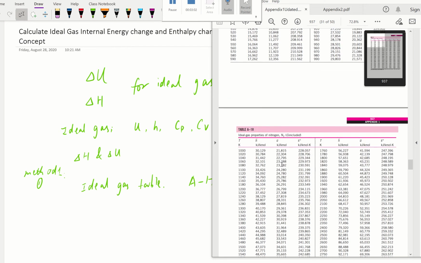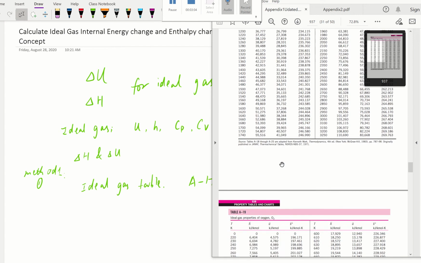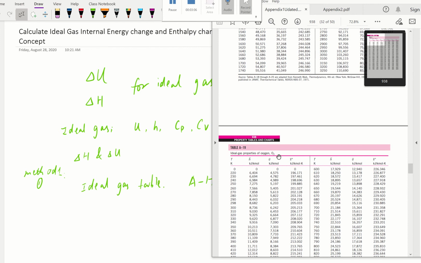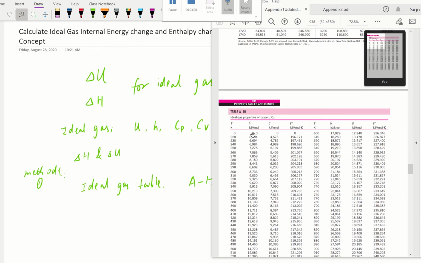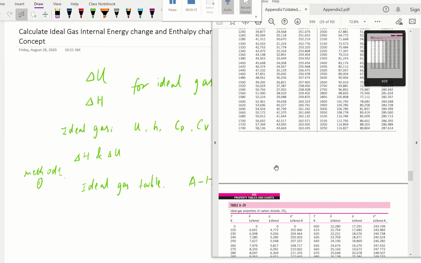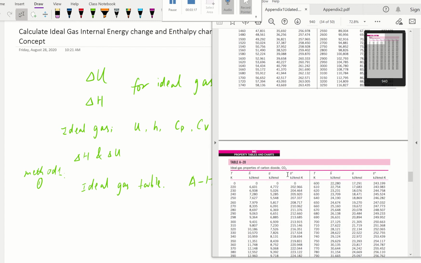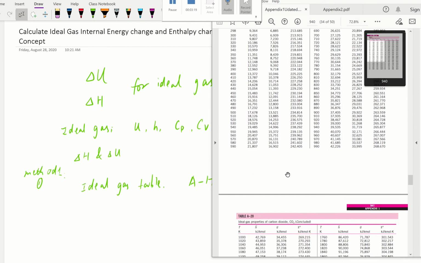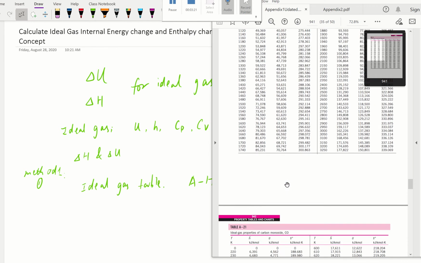Now let's look at table A19. What substance do we have? We have oxygen, right? It's also in H bar and U bar, kilojoule per kilomole. Then A20 is carbon dioxide. So you see it's all different substances so far.